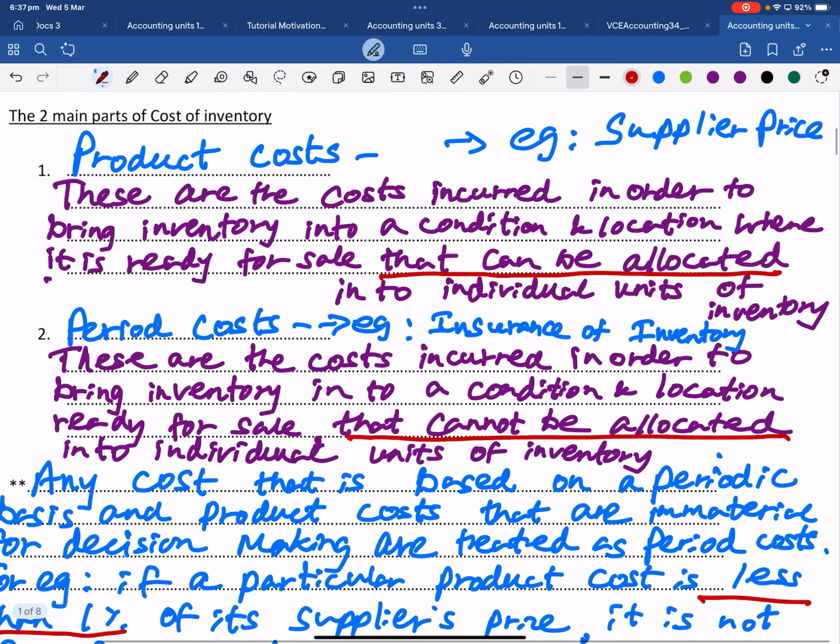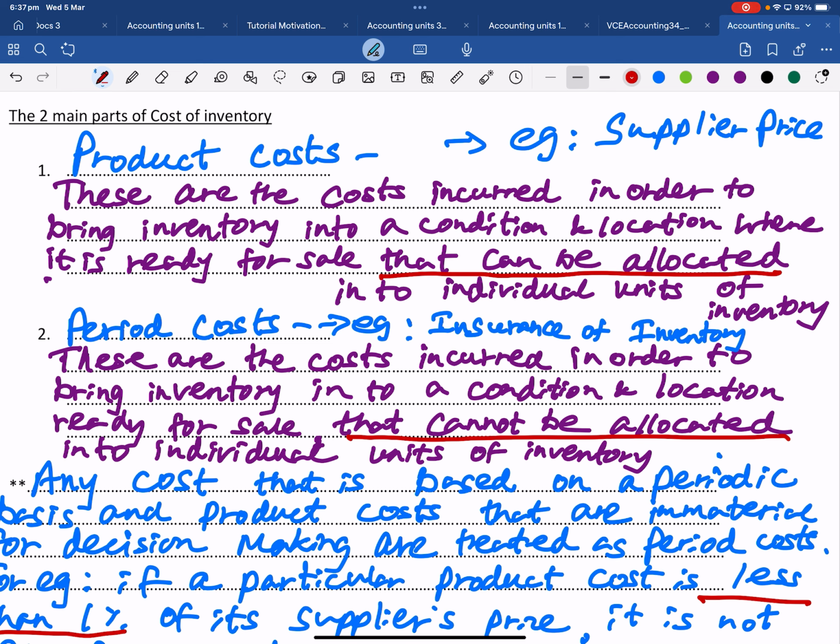Then what? However, these costs can be logically allocated into individual units of inventory. So those costs should be able to be allocated to individual units using a logical basis, right? That's what we call product cost.